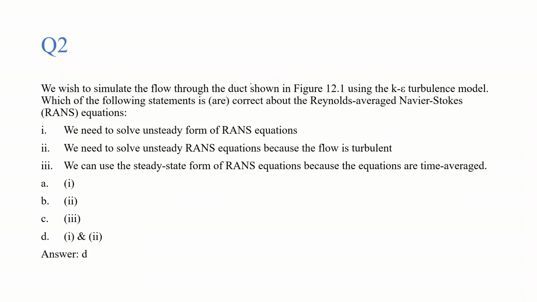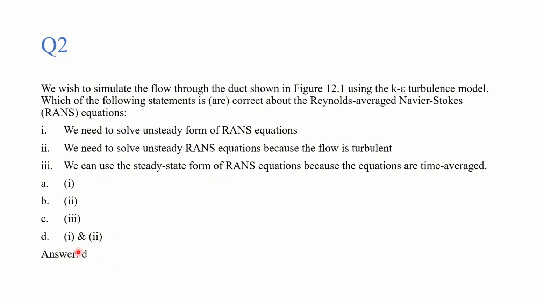We need to solve the unsteady form of the Reynolds averaged Navier-Stokes equation because the flow is turbulent. We can use the steady form because the equations are time averaged. So the options given are 1, 2, 3 or 1 and 2.